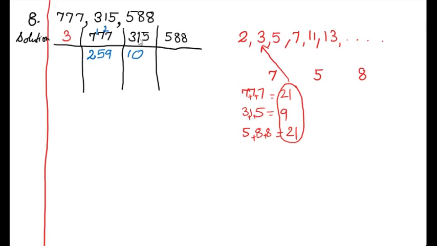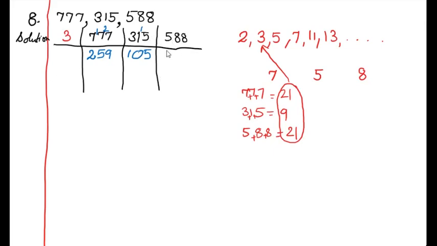Means what will remain? 1 will remain. Yes or no? So that 1 we will write above 5. It becomes 15. In 3's table, do we have 15? Yes. 3 5s are 15. So we have 105. Yeah. So if you multiply 3 by 105, you will get the answer 315.